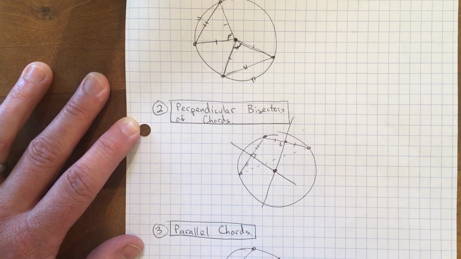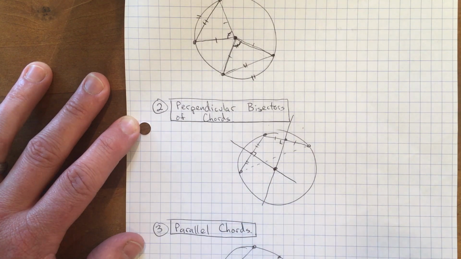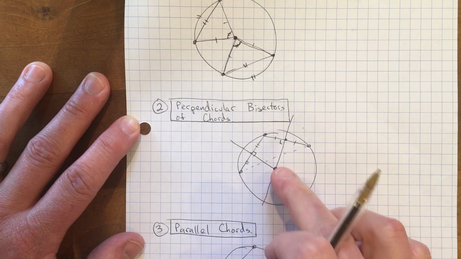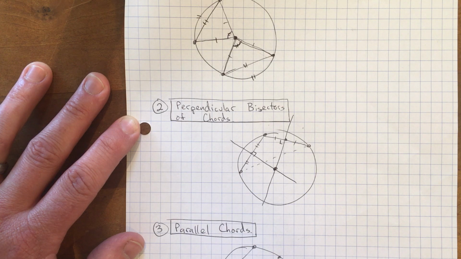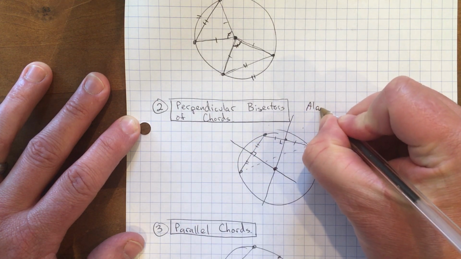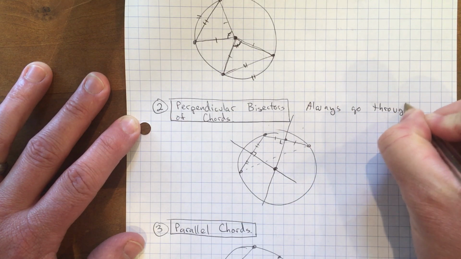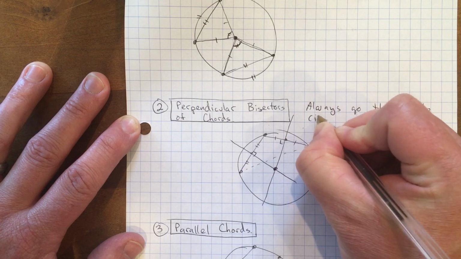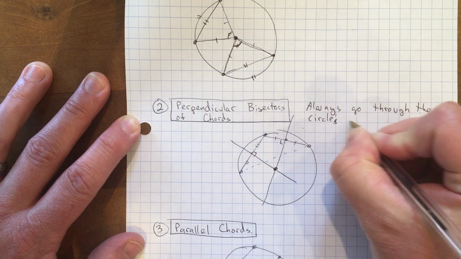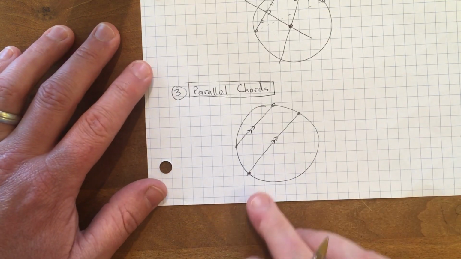The perpendicular bisector of a chord always goes through the center of the circle that the chords are formed on. And so the perpendicular bisectors of a chord always go through the circle's center. Really good.